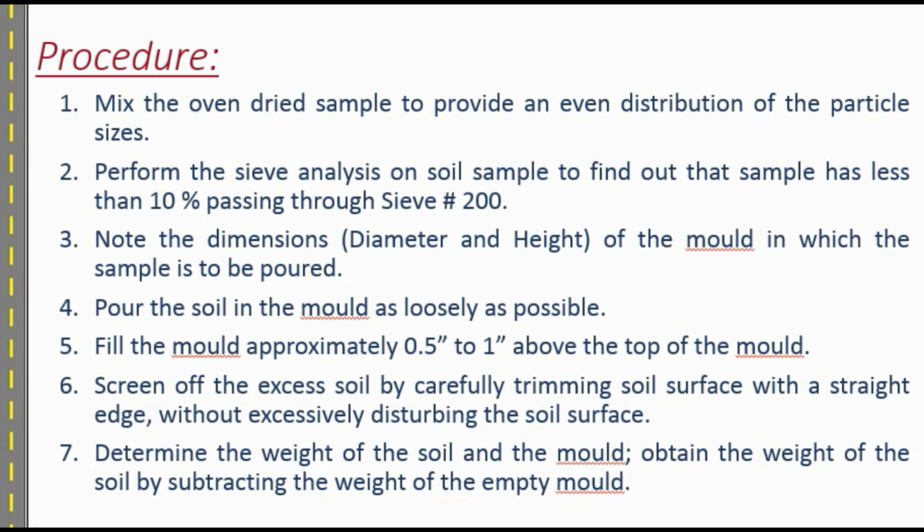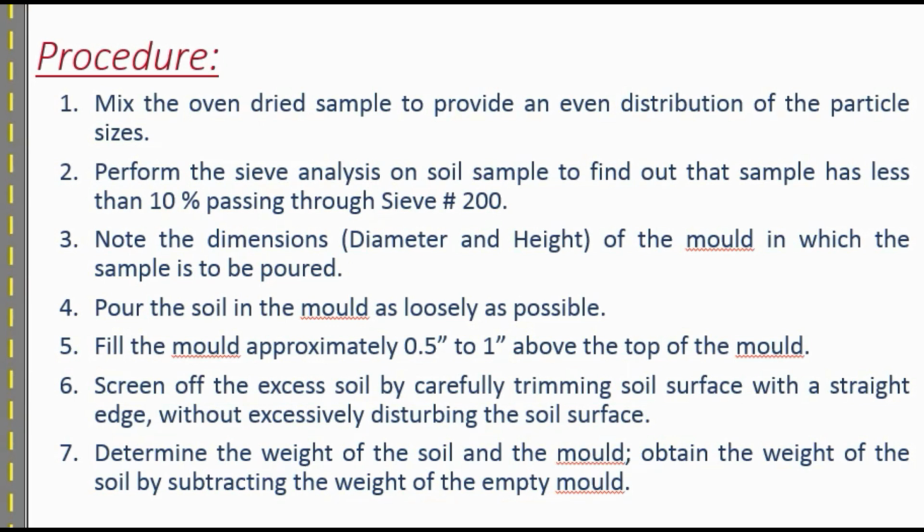Note the dimensions, diameter and height, of the mold in which the sample is to be poured and placed on the vibrating table. Pour the soil sample in the mold as loosely as possible. Fill the mold approximately 0.5 to 1 inch above the top of the mold with the help of the funnel pouring device as described in method A.